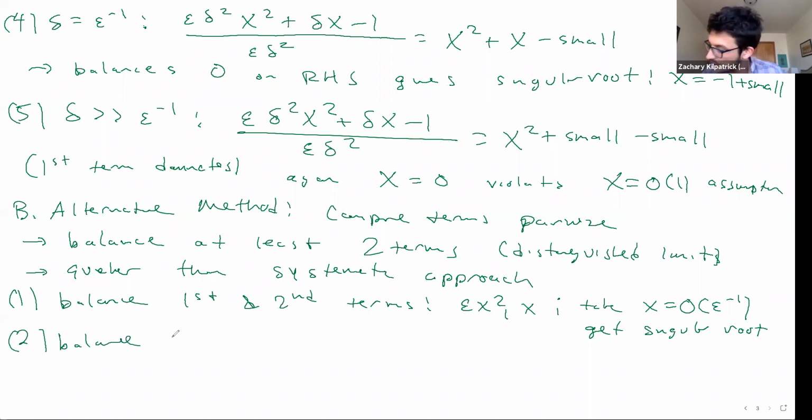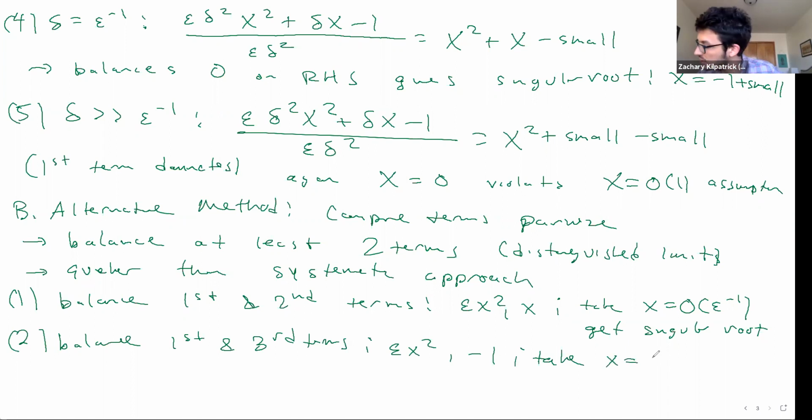If I balance, on the other hand, the first and the third terms, okay, that would mean looking at epsilon x squared and minus one. So I might try taking x to be order epsilon to the minus one half, okay? It turns out that this makes both terms order one, okay?